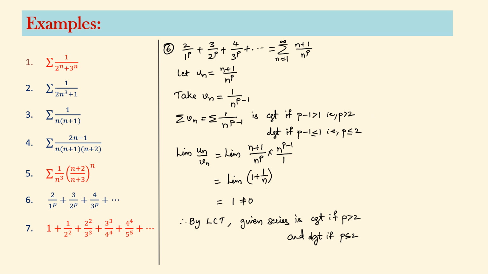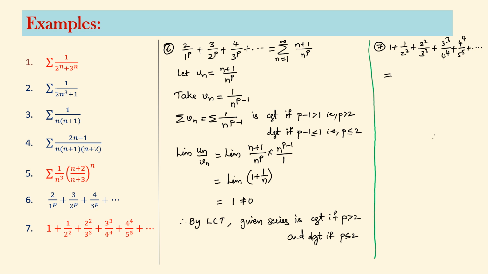And the next problem is, how can you write this in summation form? 1 plus 1 by 2 square plus 2 square by 3 cube plus 3 cube by 4 power 4 plus 4 power 4 by 5 power 5 plus and so on.